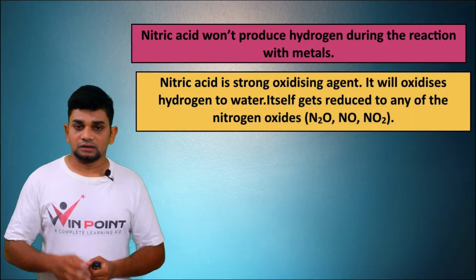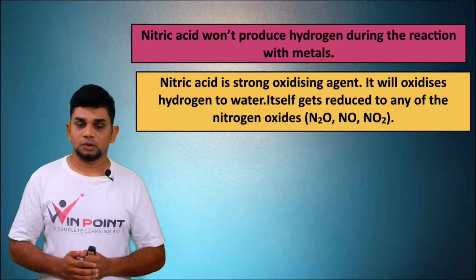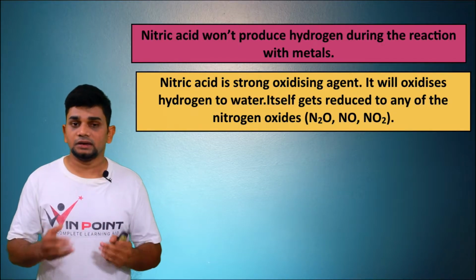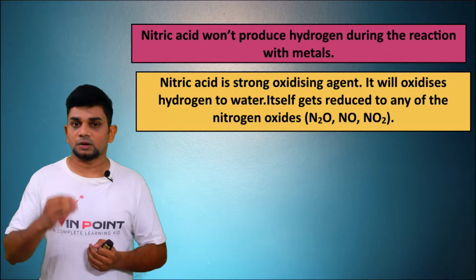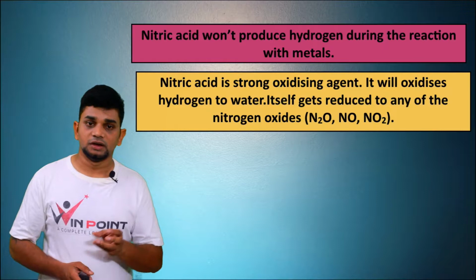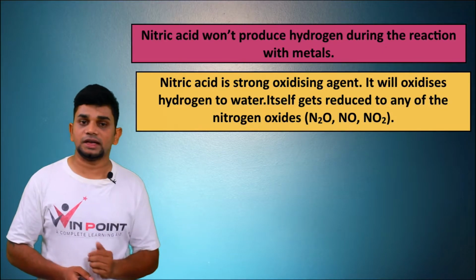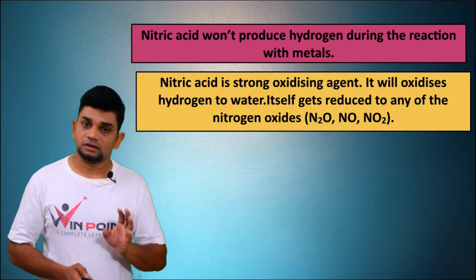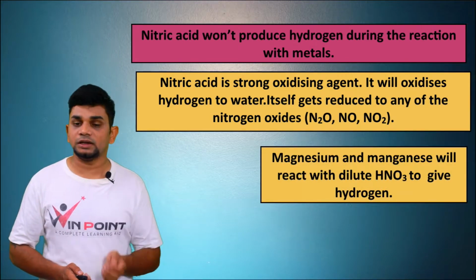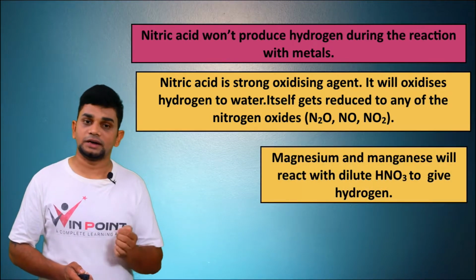If we take dilute nitric acid, the concentration should be very low. Dilute means the water content is more and the acid content is less. Then we are going to get hydrogen. Magnesium and manganese will react with dilute nitric acid to give hydrogen.